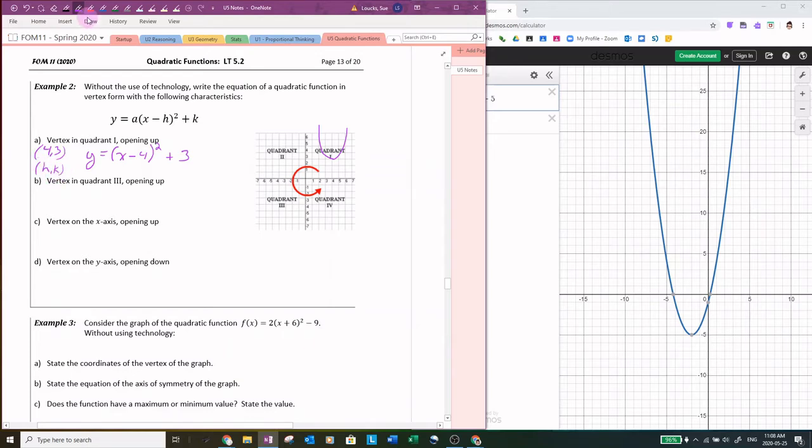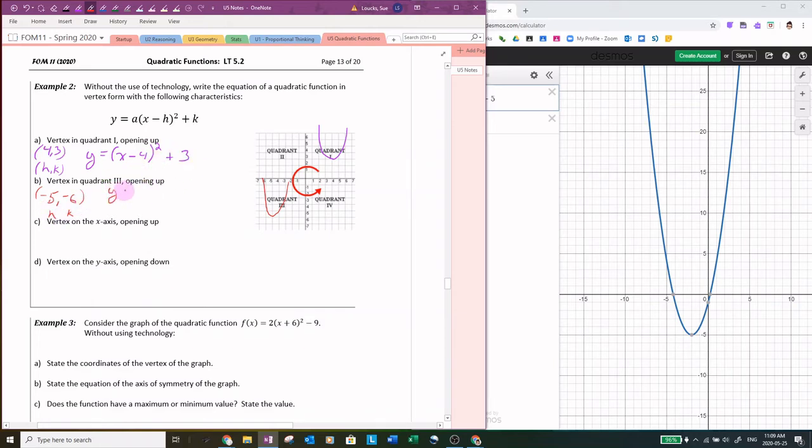If it's in quadrant 3, opening up, my vertex is at (-5, -6). This is my h, this is my k.